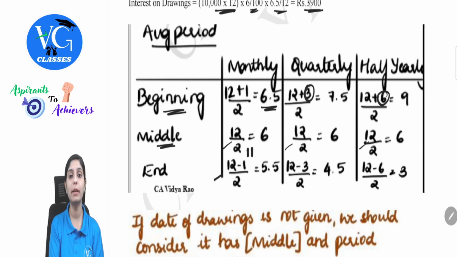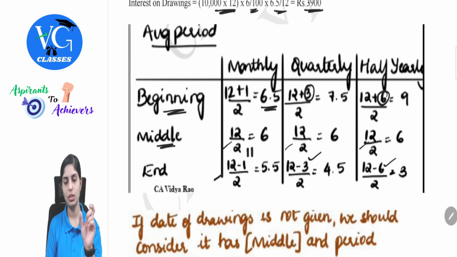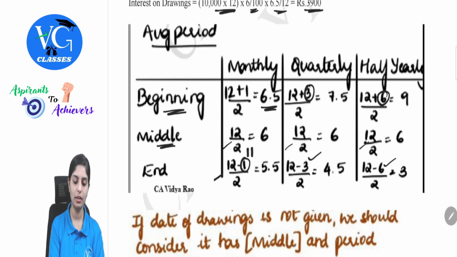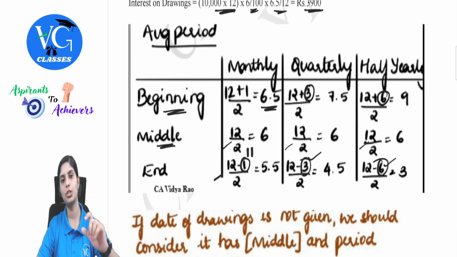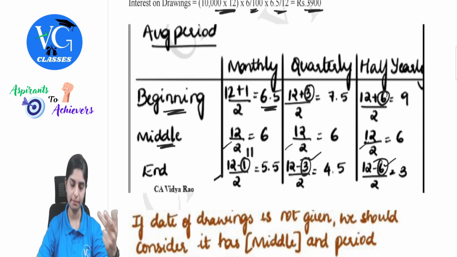That's why it is 12 minus 1 by 2. So likewise for half yearly, likewise for quarterly, just the variation changes. If it is monthly, 1, if it is quarterly, 3, if it is half yearly, 6. Understand this table so this becomes simpler if you're solving a question which incorporates such points: beginning, middle or end.